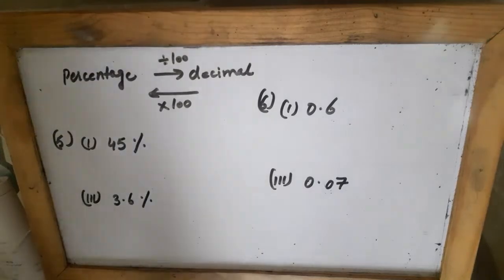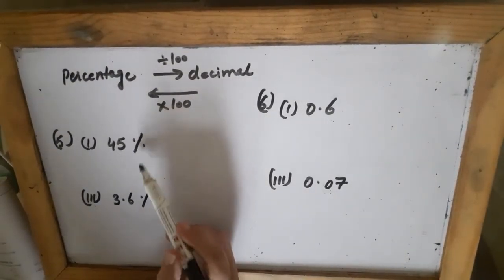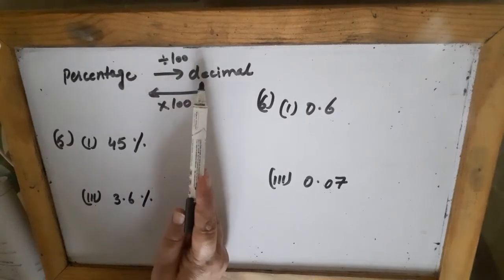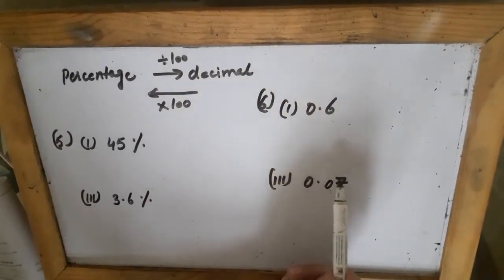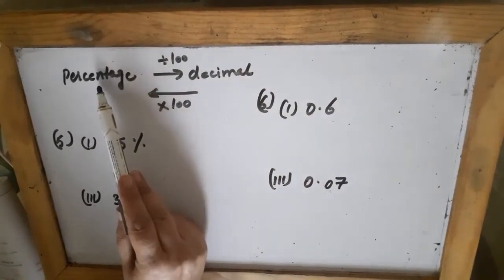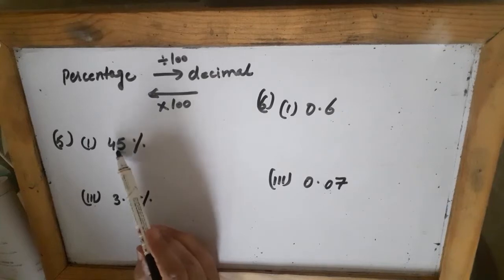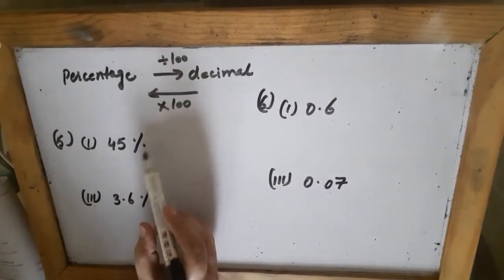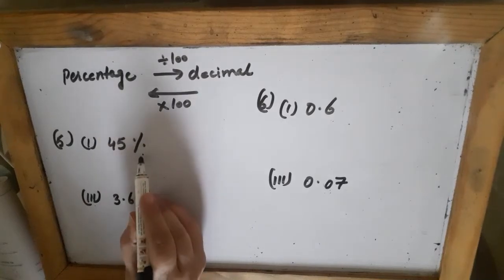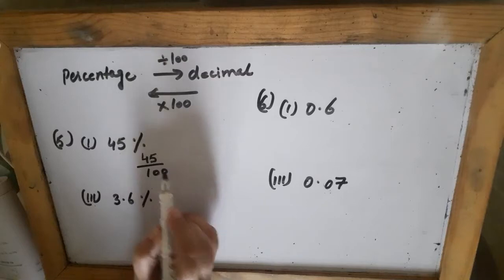Now the fifth and sixth question. In the fifth question, you are given a percentage and you are asked to convert it into a decimal, and in the sixth question you are given a decimal and you are asked to convert it into a percentage. So when I have to convert this into a decimal, it means I have to divide by 100. Percentage means this, so 45% means 45 per 100, right?